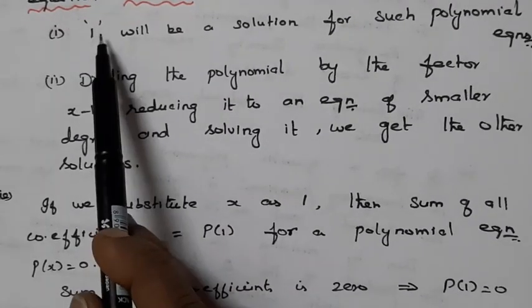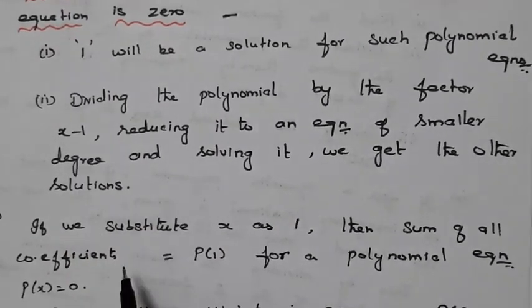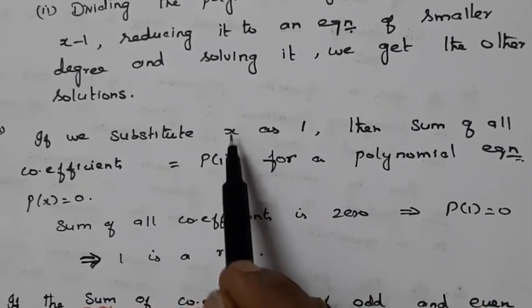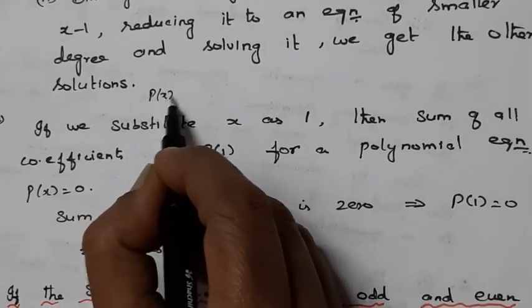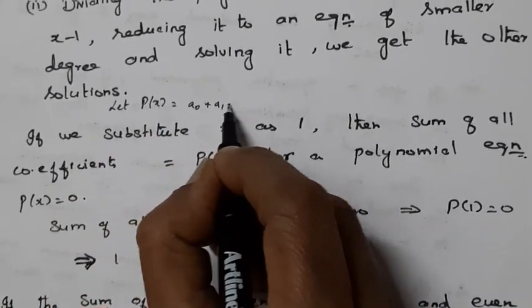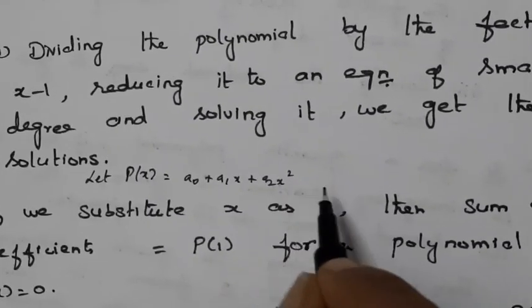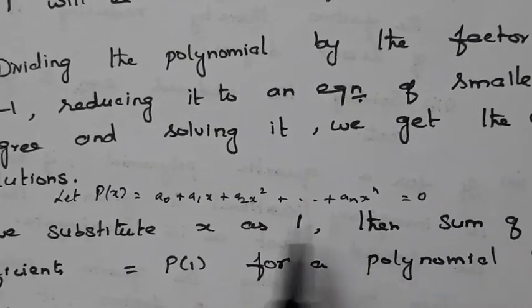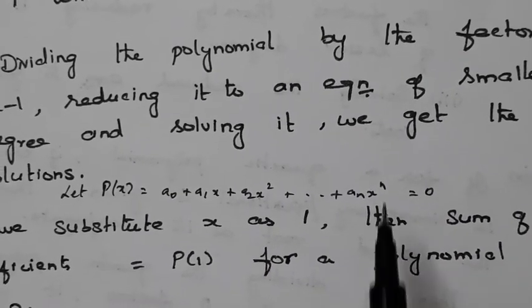Now, how am I telling that 1 will be a solution? Let us see here. Let p of x is equal to a naught plus a1x plus a2x squared plus etc. up to an x power n is equal to 0 be a polynomial equation of degree n.